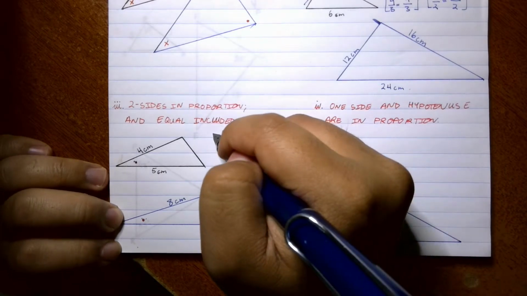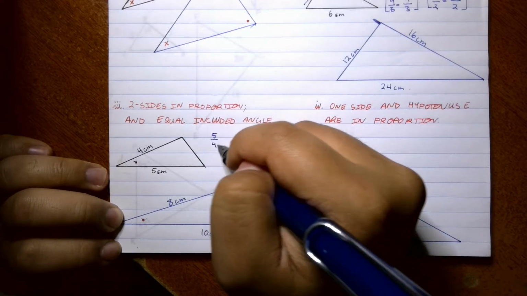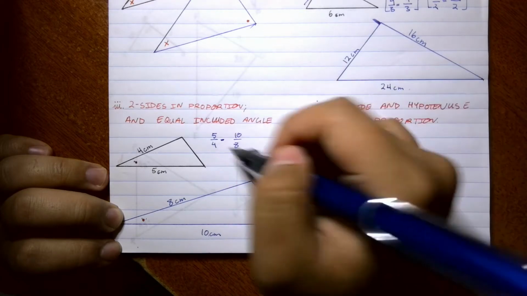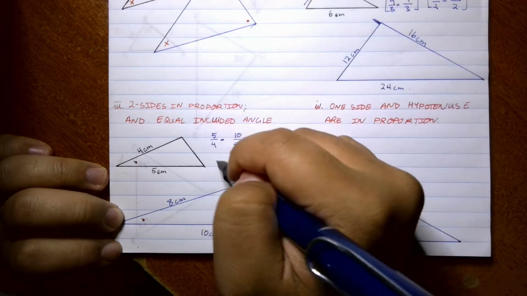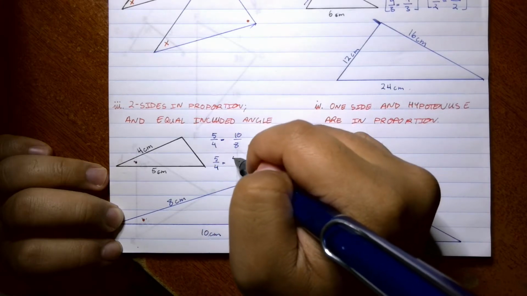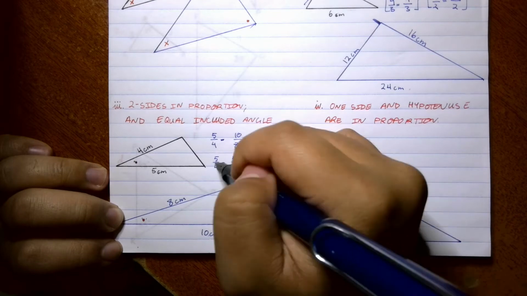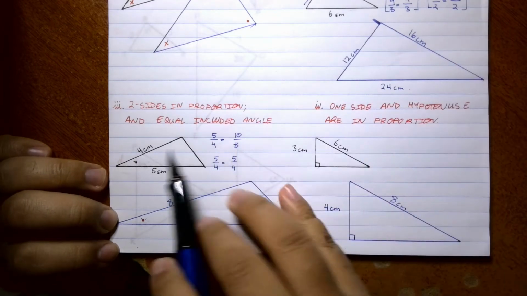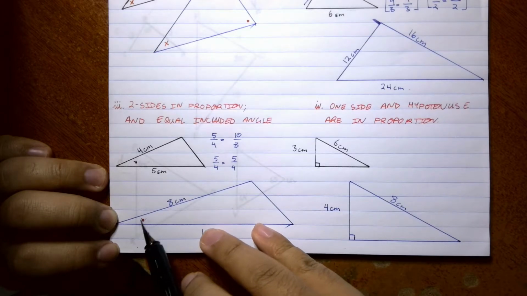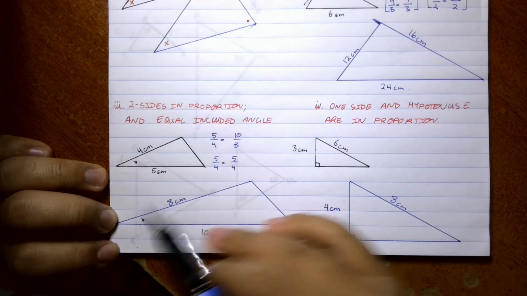We can prove it here. 5 over 4, 10 over 8. We can simplify 10 over 8, dividing both by 2, and they are in proportion. So if we have two sides that are in proportion and the middle angle, the included angle, is equal, the triangles are similar.